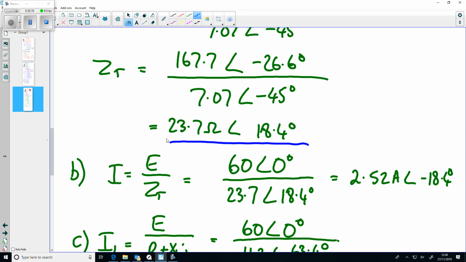Like I say, watch the signs of these numbers. So minus 26.6 minus 45, the two negatives make a plus. If you're unsure, put it in full form in your calculator and you'll get the right answer.